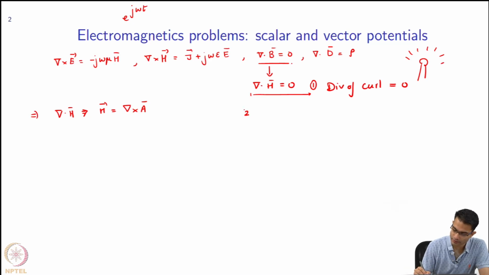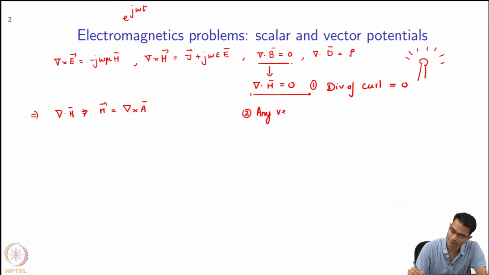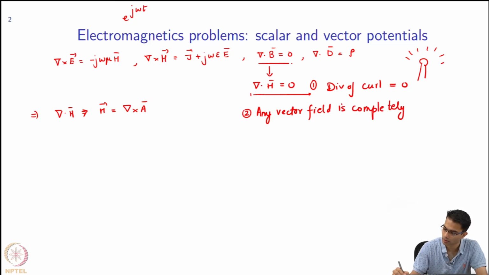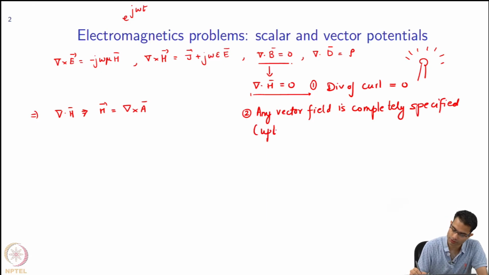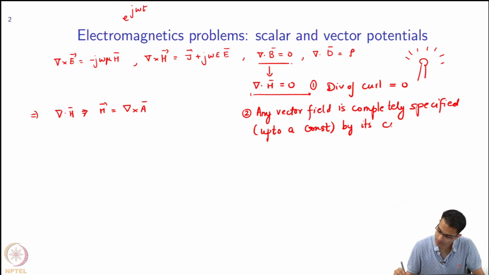So, this was the first idea, right. The second idea that we are yet to use, but we will use, is that we had done this right in the beginning of the module studying vector calculus, that any vector field is completely specified up to a constant if you give its curl and divergence.